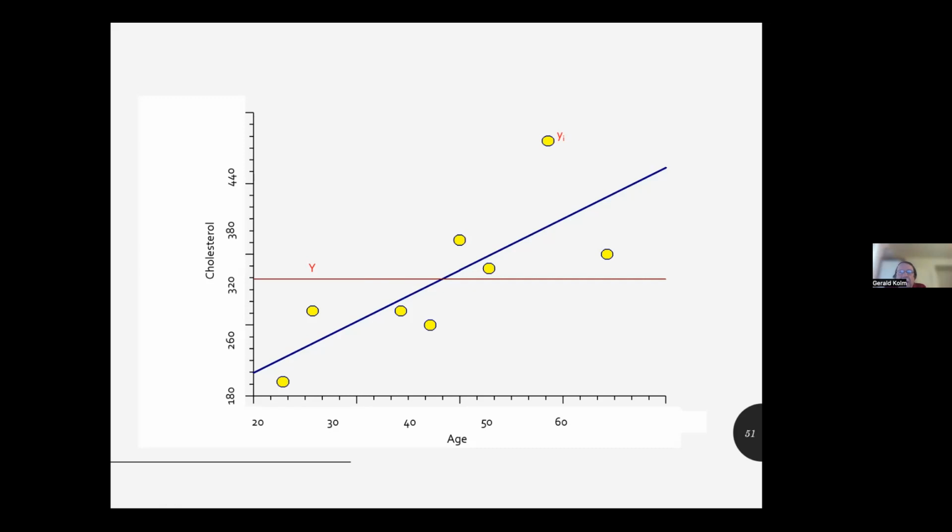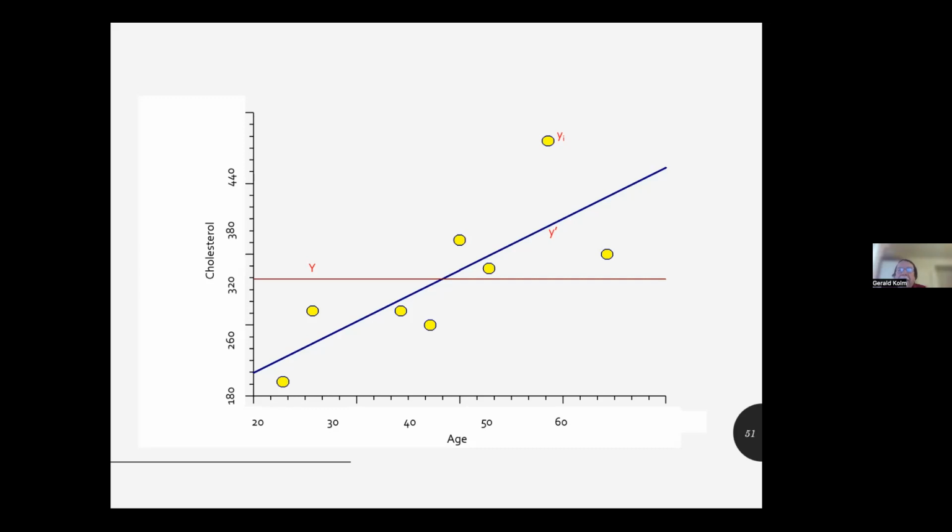Their age is about 60 and they have a fairly high cholesterol level in the 400s or better. And then our straight line here, which we call our regression line, we'll represent by Y prime. This is a theoretical line, you might say, or we'll call it a theoretical curve, even though it's a straight line.